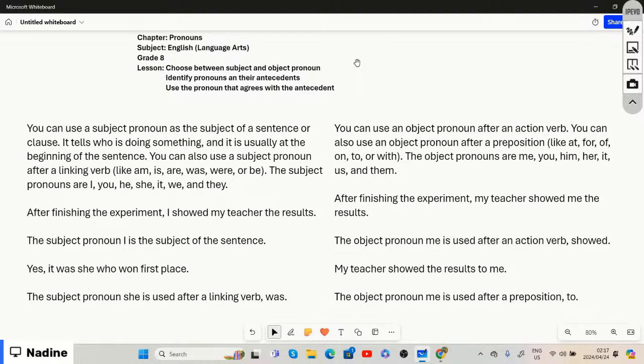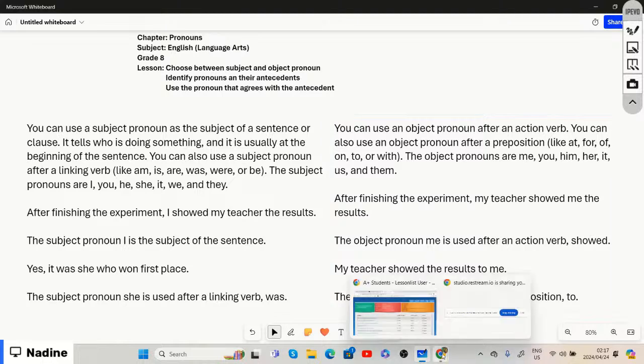We said a subject pronoun tells us who is doing something and is usually at the beginning of a sentence, whereas an object pronoun comes after an action verb or a preposition.